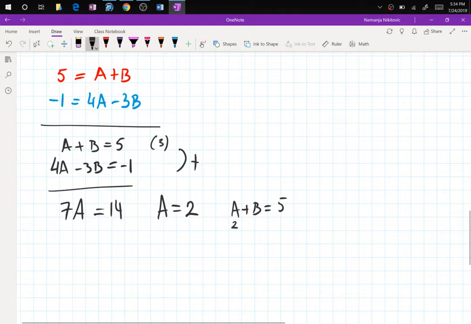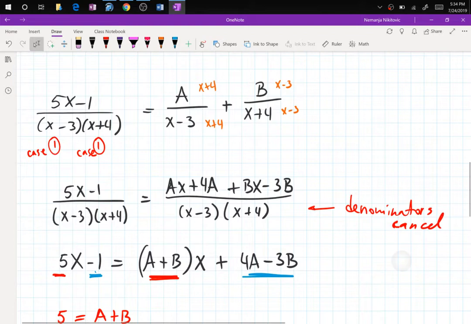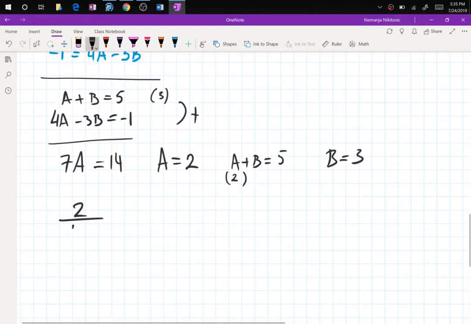Well, a is 2, so b must be 3. Well, we got a 2 and 3, right? So now, you go carefully here. A is 2 over x minus 3, plus B is 3 over x plus 4.